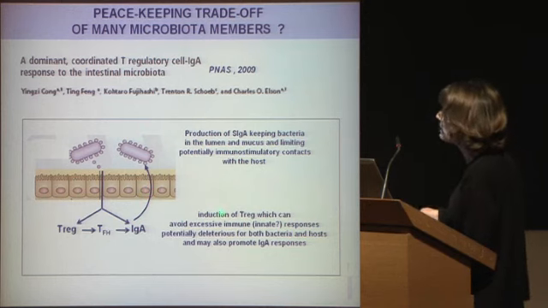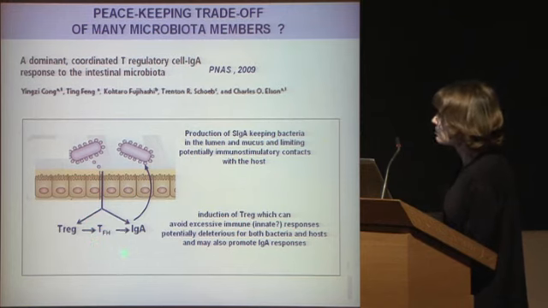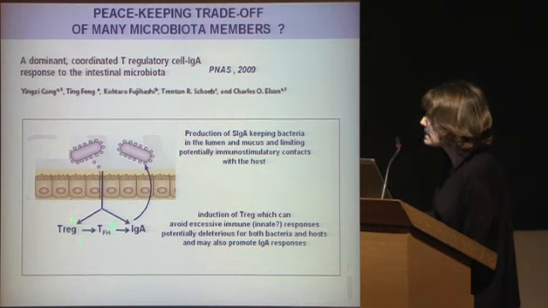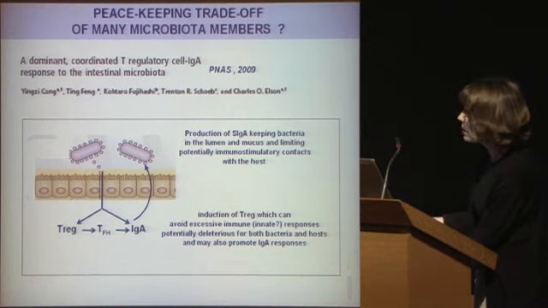And at the same time, these bacteria can induce regulatory T cells, which avoid both innate and adaptive immune responses, which can be potentially deleterious, not only for the host, but also for the bacteria. And what is interesting is that this regulatory response can probably promote the IgA response, because it has been shown, both in this paper and by Sidonia Fagarasan, that regulatory T cells can give rise to follicular helper T cells.